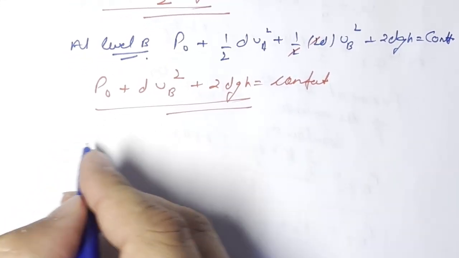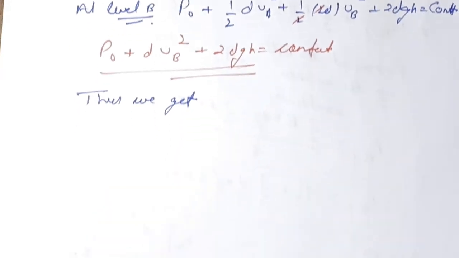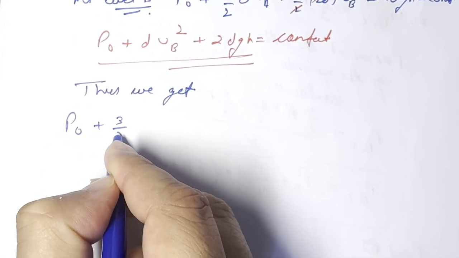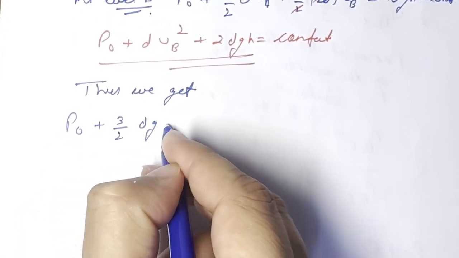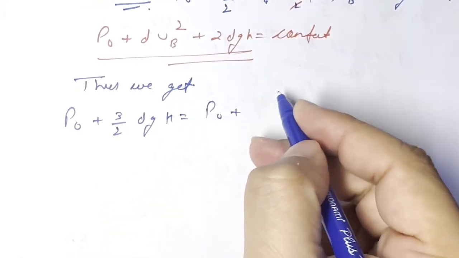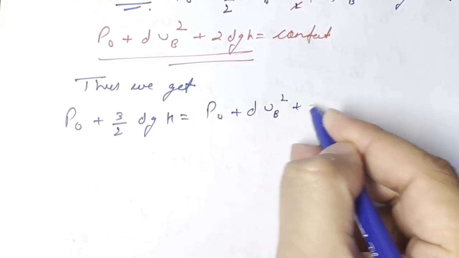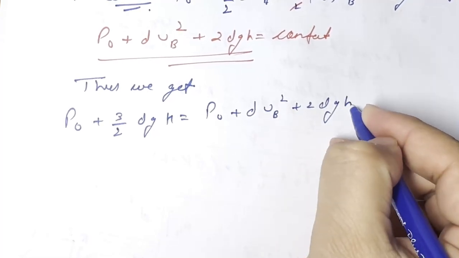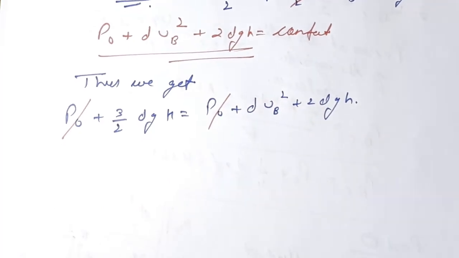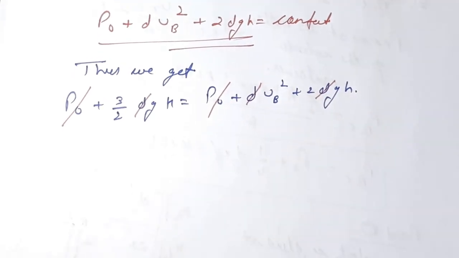Therefore, we can say, thus we get P naught plus 3 by 2 dgh is equal to P naught plus d vb square plus 2d gh. P naught and P naught cancel out, and d and d go away.